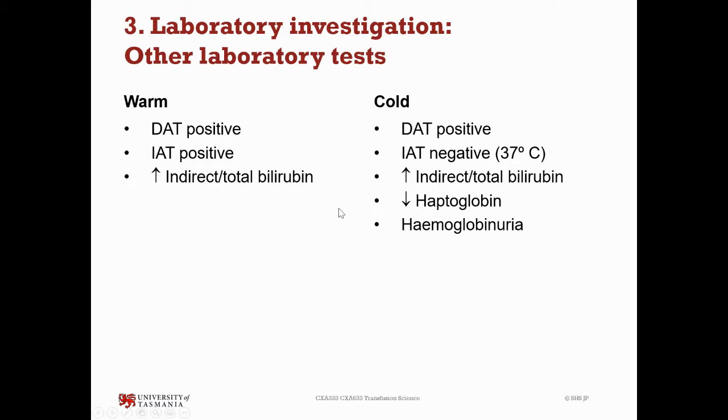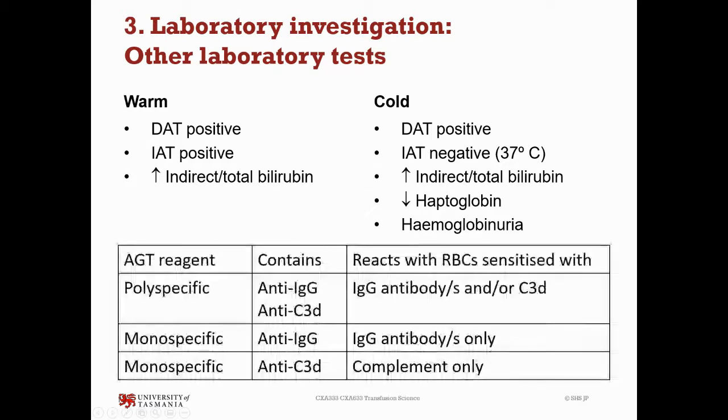We will have an increase in bilirubin in both cases, but because we've got that intravascular hemolysis with our cold agglutinins, then we will have decreased haptoglobins and hemoglobinuria. So they will be there in cold but not warm autoimmune hemolytic anemia.